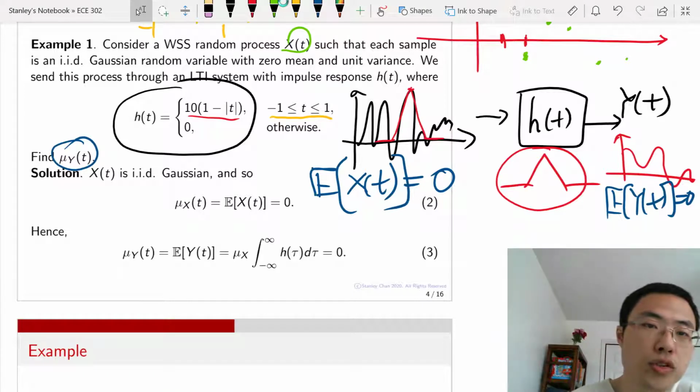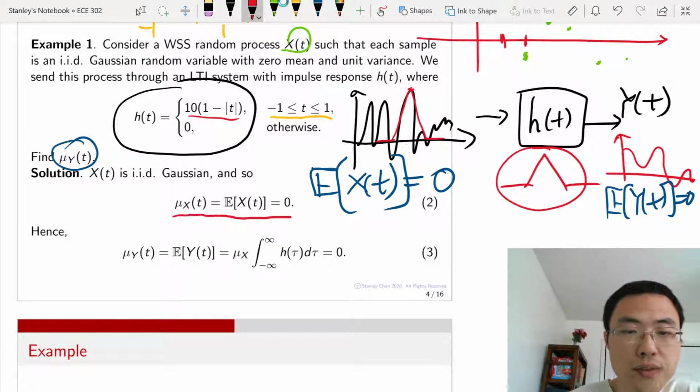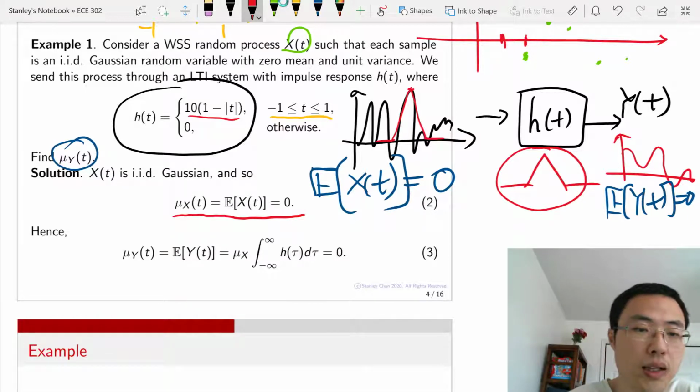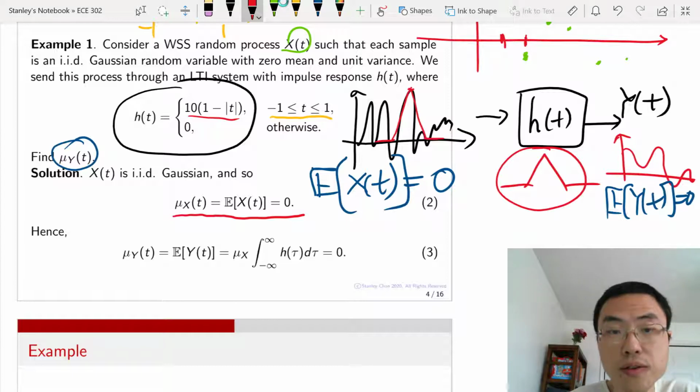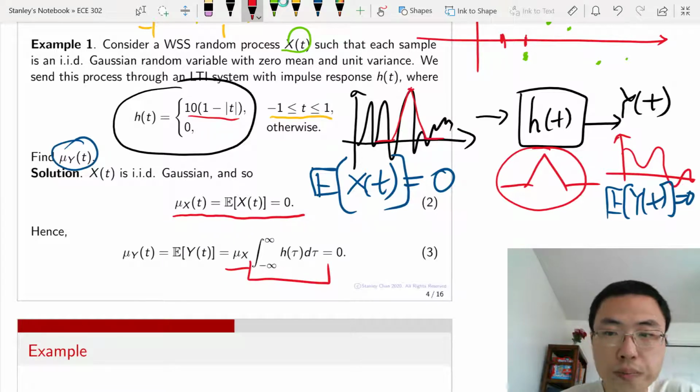Okay, so let's just check our calculation. The equation says this. You have mu x of t, which is the expectation of x of t, and this is 0. This is given by the problem. Now we want to find the mean of y, which is the expectation of y. According to our theorem, it is given by the mean, mu x, times the integral of the impulse response.